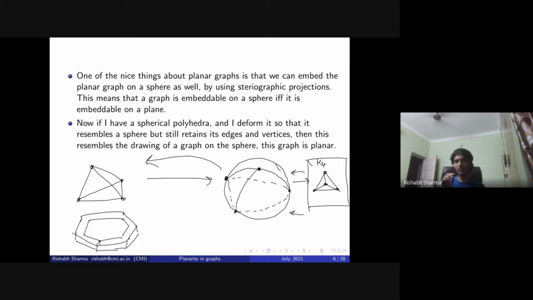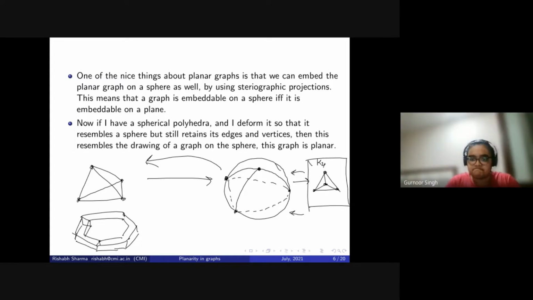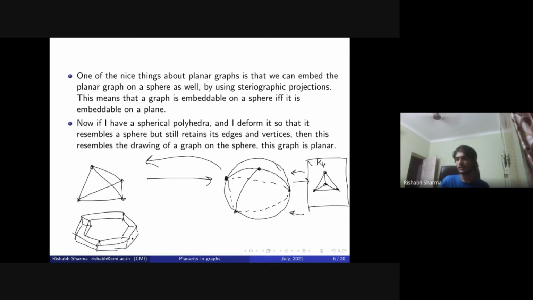So if there is a polyhedra which can be deformed into a sphere, I call those spherical polyhedras. Does that make sense? Yes. Okay. Thanks for the question.